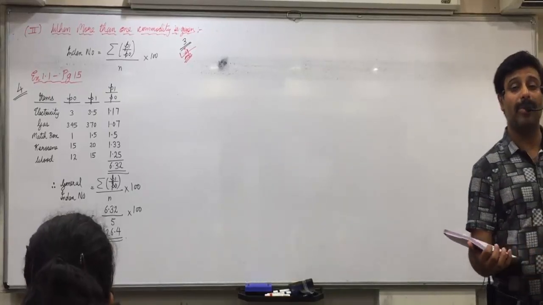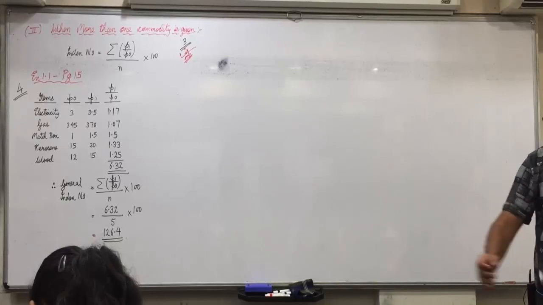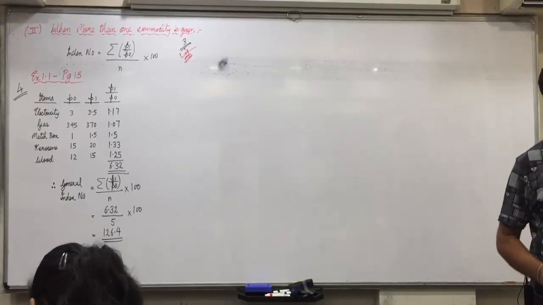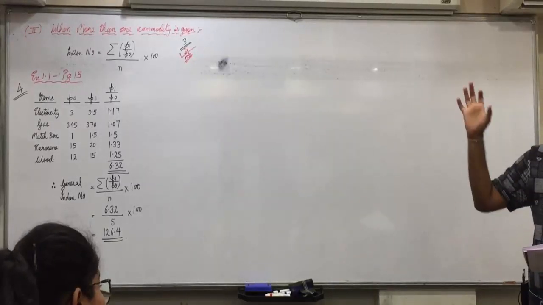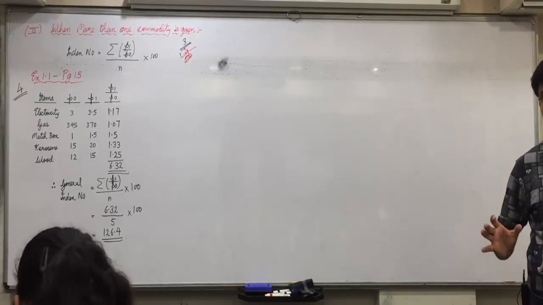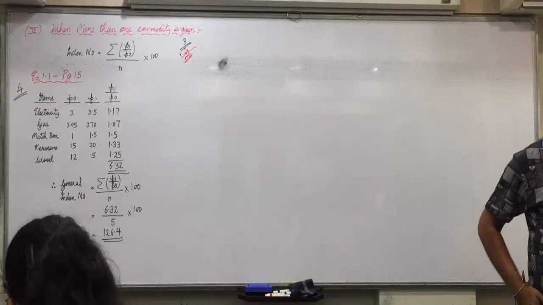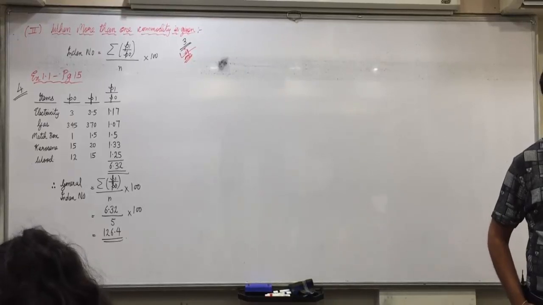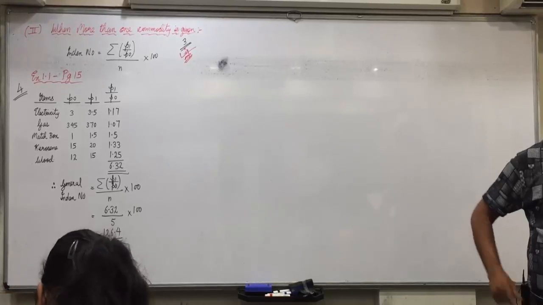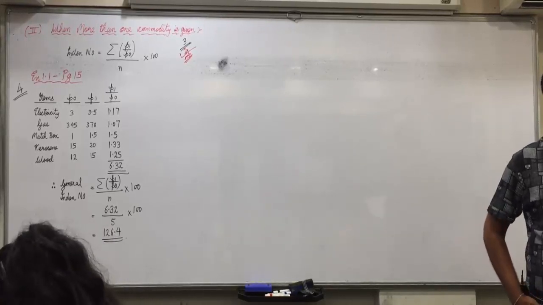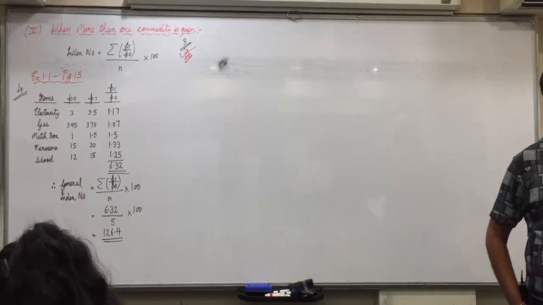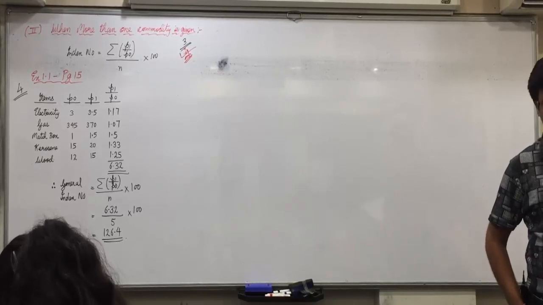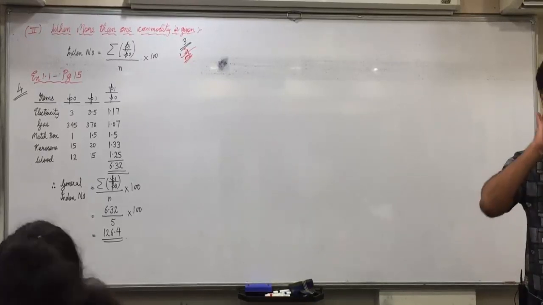So now again there are how many commodities? 3. Similar concept we will use, but not exactly sigma P1 upon P0 upon N into 100. Slightly different, because find the general index number means for all the commodities average for 3 items by fixed base method with the base year 2011, that is the first year, and also by chain base method.